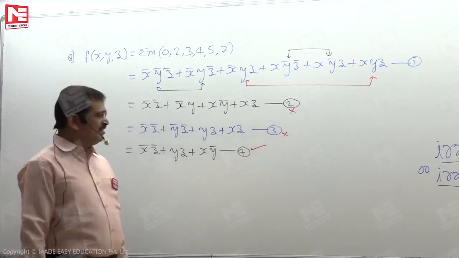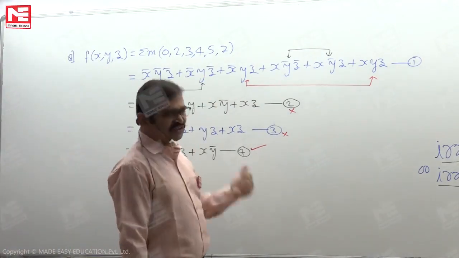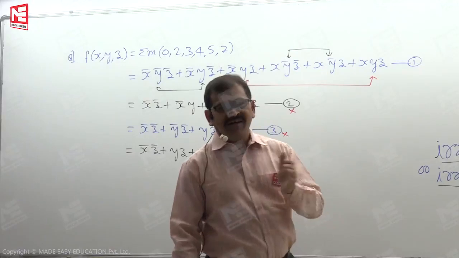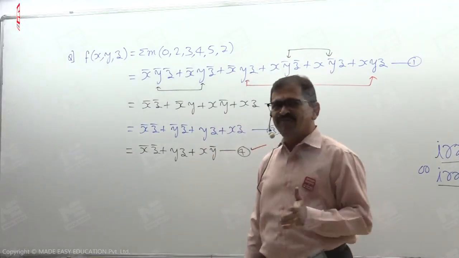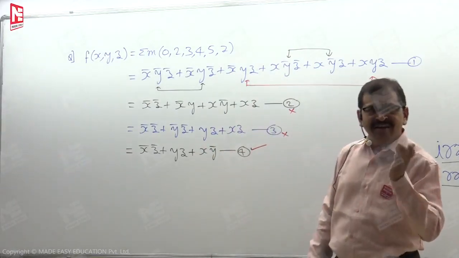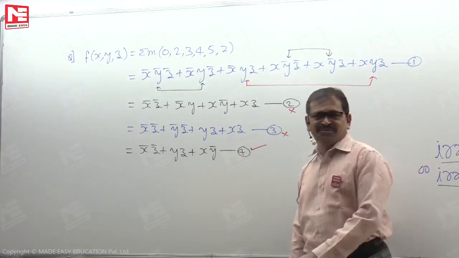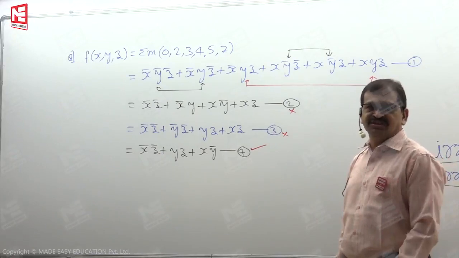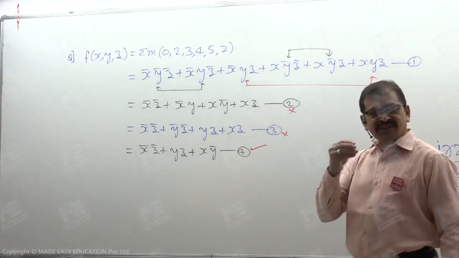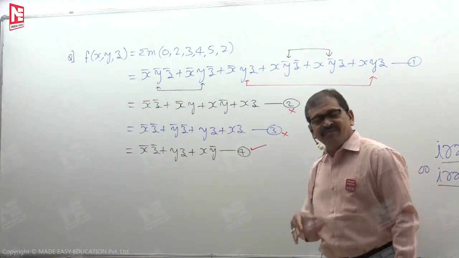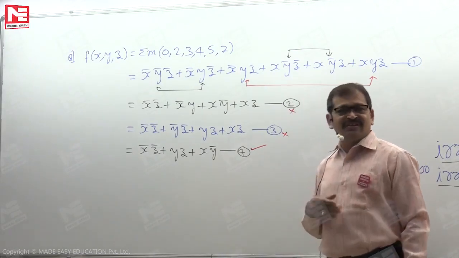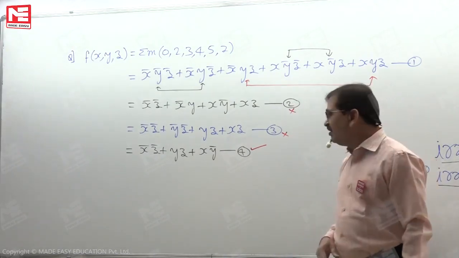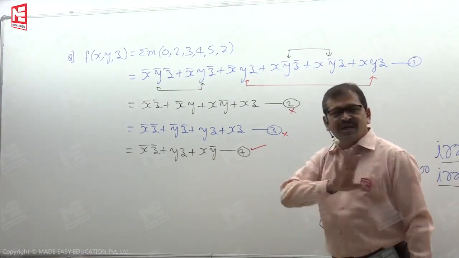But on this given function, if we try in any possible way, we can't reach any expression with fewer than 3 terms. Listen to my statement well: we can't reach any expression with fewer than 3 terms. But I am not saying this is the only form with 3 terms.